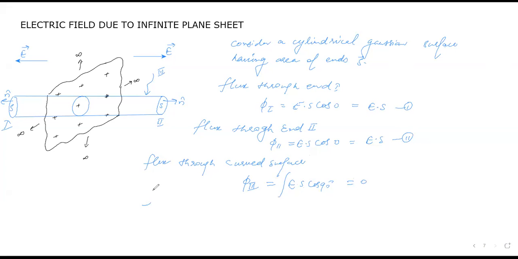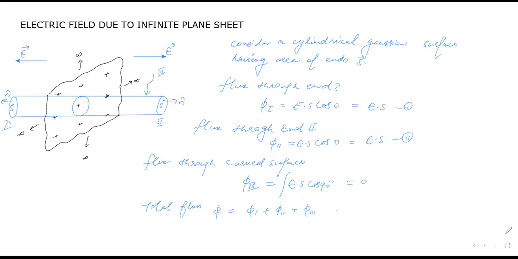Then what is the total flux through this Gaussian surface? Your total flux will be phi equal to phi 1 plus phi 2 plus phi 3.